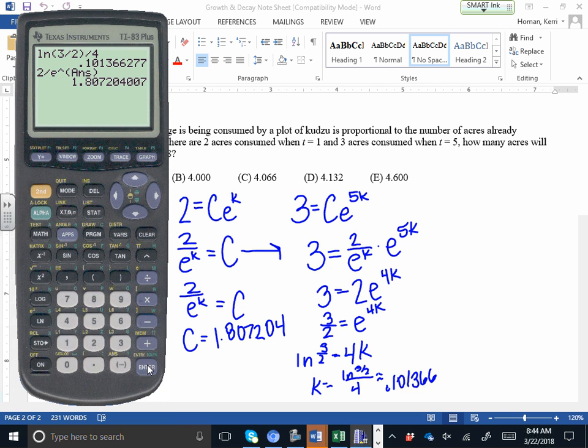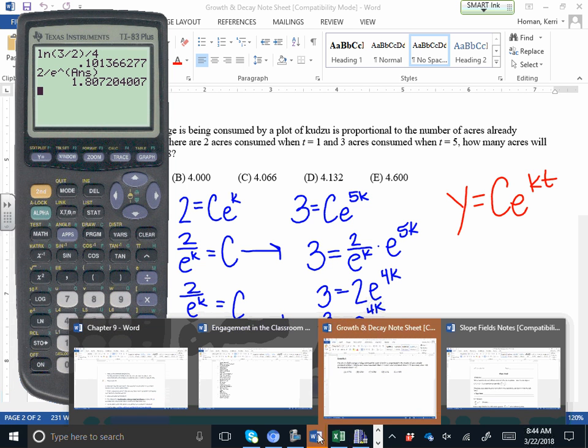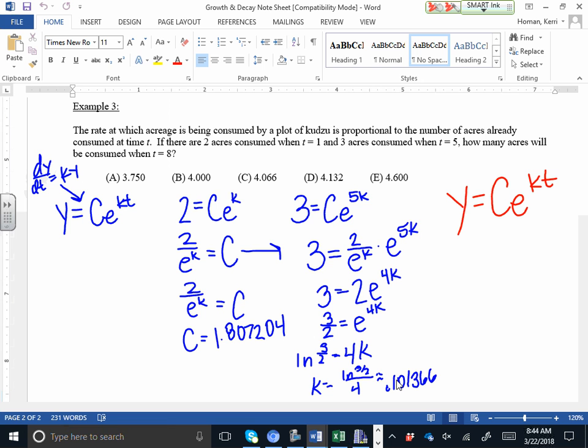Okay. So how many acres will be consumed when T equals 8? Well, we just need to follow our model. Y equals C e to the kt. I'm asking for when T equals 8. So essentially, you need to plug in 8 for T. And you already have C and K in your calculators, or type them in because we rounded.